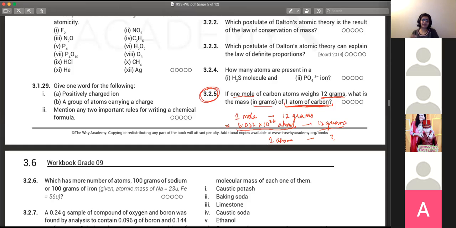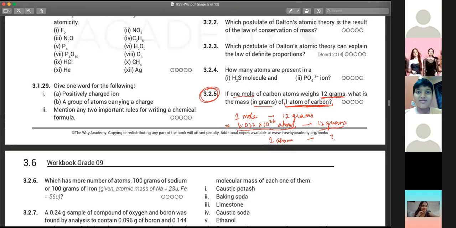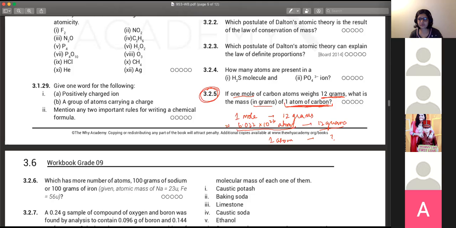I think you're forgetting one part of it. One atom of carbon is 1 gram? That can't be right. Jaden, your answer is not completely correct. It's partly correct. So just correct it.